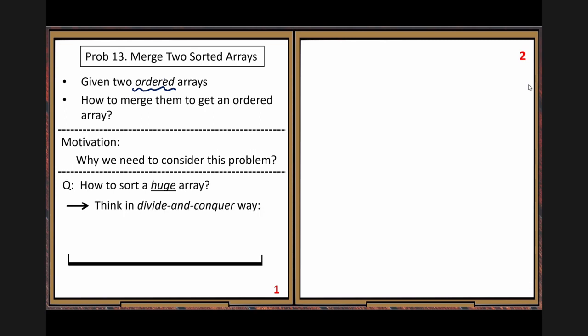Divide and conquer. Because that array is too big, we have to divide it into smaller pieces, smaller subarrays. We make each subarray small enough to be loaded into the main memory. That's no problem; we can assume that. Here you see several smaller subarrays. Then we look at each subarray one at a time and sort it.